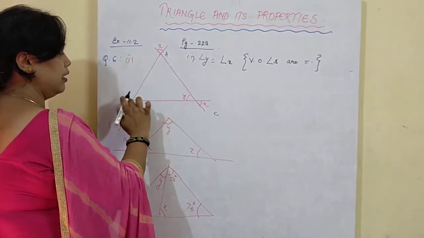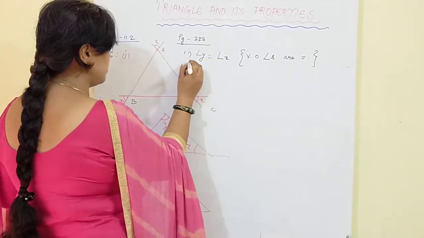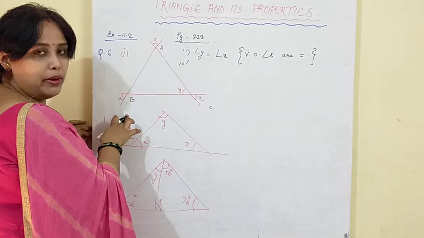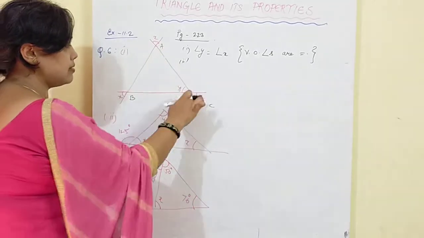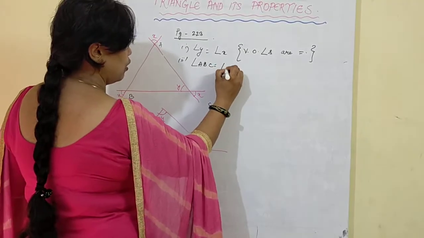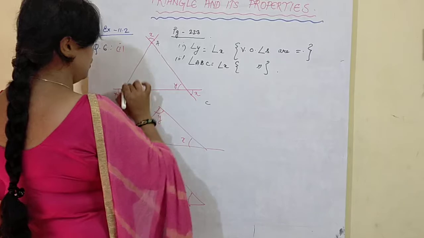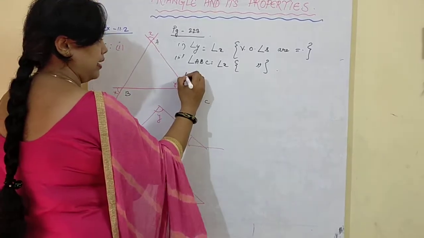So here also angle ABC you have to name. You just cannot write angle B. In geometry it is very important. ABC. So angle ABC is equal to also angle x. Again the same reason. Also angle BAC you have to write like this.